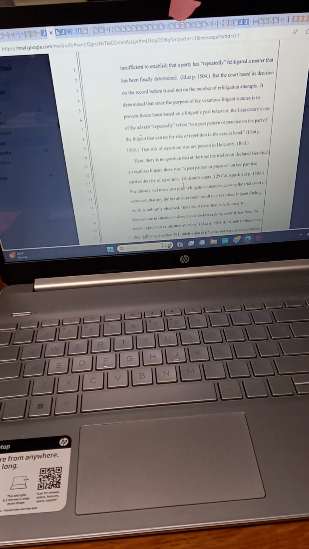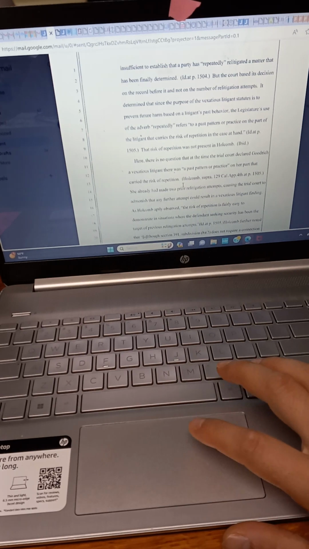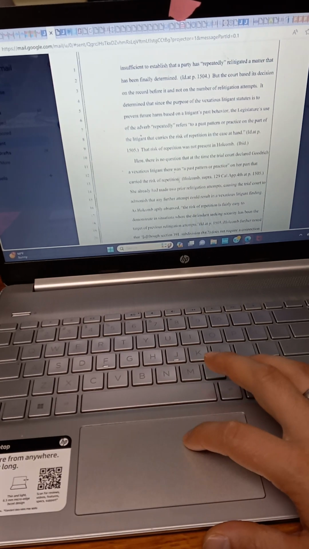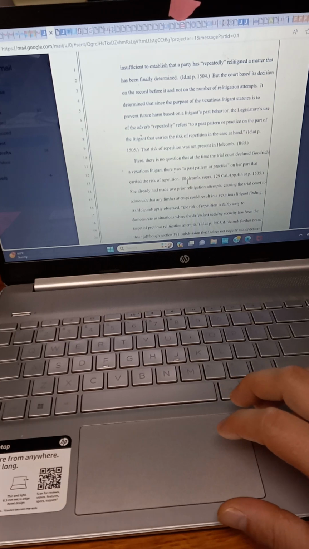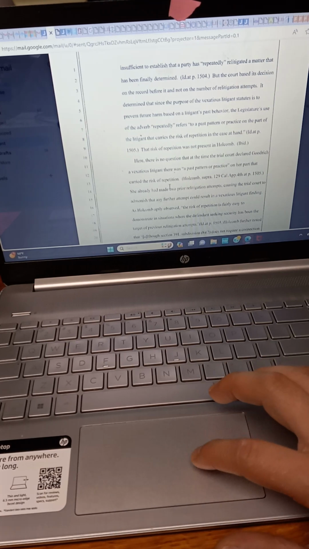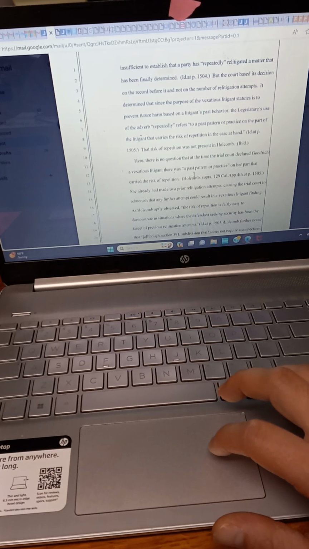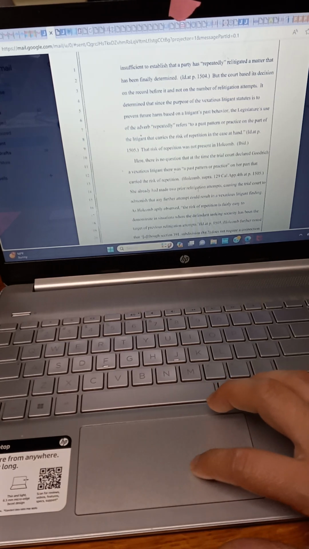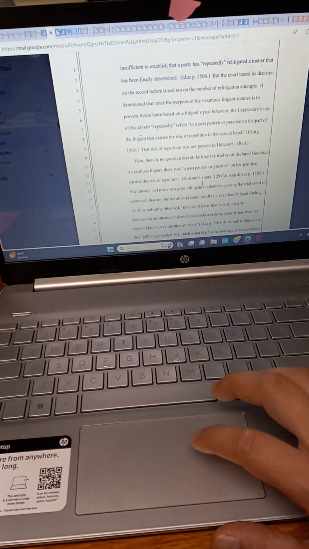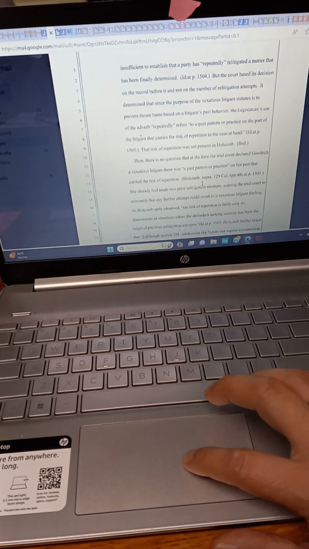Now, that risk of repetition means filing a claim that doesn't have merit, or that the court found no basis in law or fact for her to do. And we have had no such prior ruling against us.